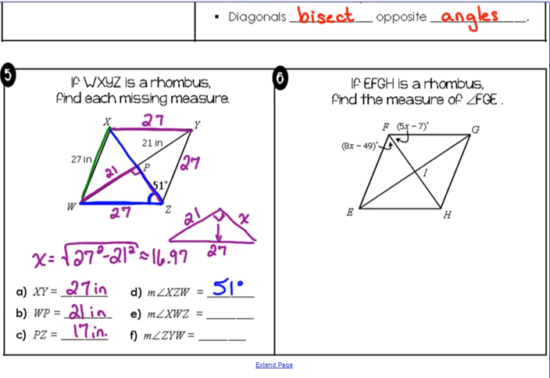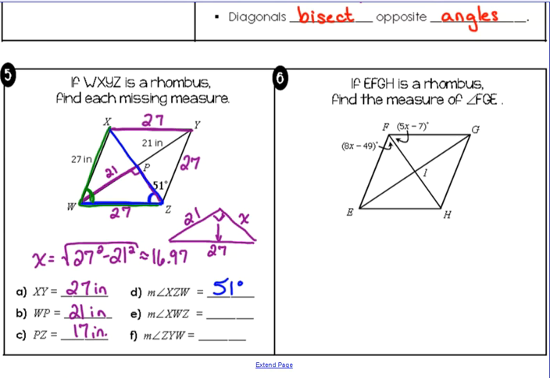Okay, so next one, XWZ. X to W to Z. That is the whole angle right here. Now, the only angle that I know anything about is the angle right beside it. And the angle right beside it, we call that a consecutive angle. Consecutive angles are supplementary.